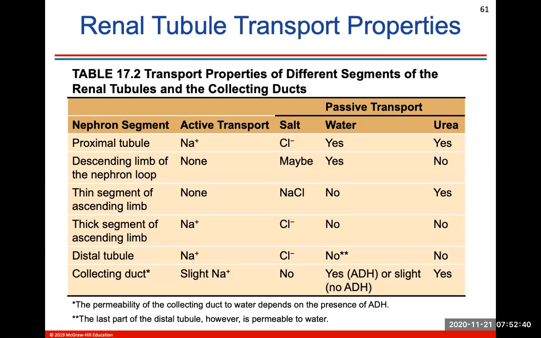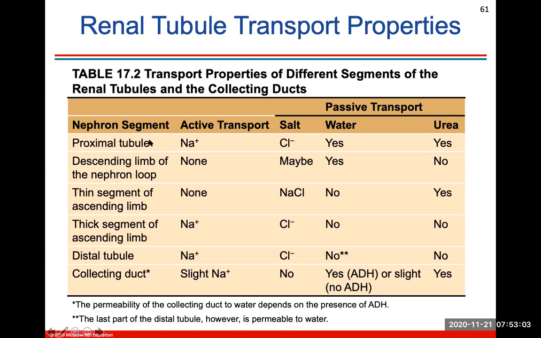This takes you through maybe just a good summary of the transport properties of different segments of the renal tubules and the collecting ducts in the passive transport of water and urea. Knowing this chart is probably about it. It is kind of confusing where everything gets reabsorbed, but this chart gives a good summary.